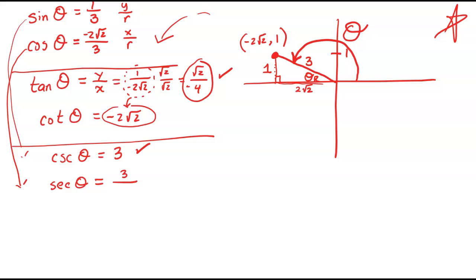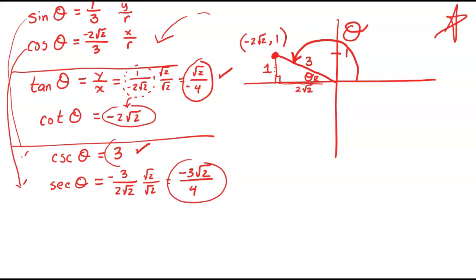Don't forget your sign. That's where lots of mistakes are made. It doesn't matter where you put it. I generally put it on top, but sometimes I forget, and I just drop it in. It's all the same. Rationalize. Negative 3 root 2 in the numerator. Root 2 times root 2 is 2, times 2 is 4 in the denominator.